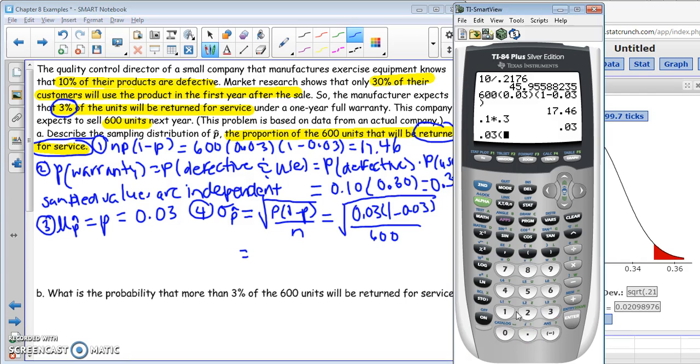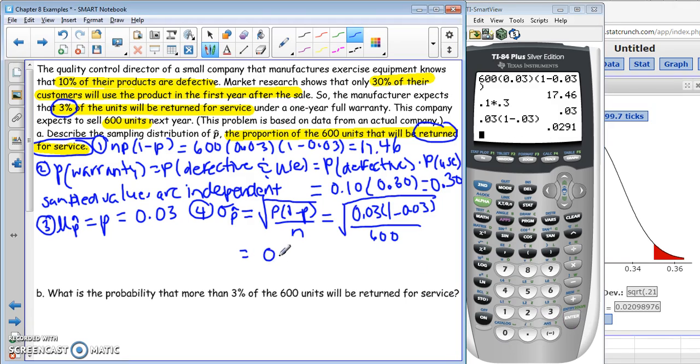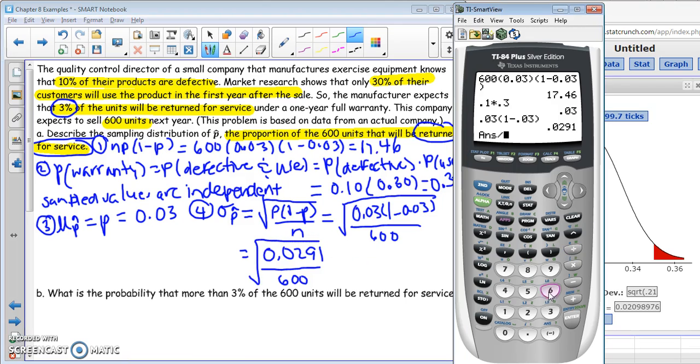This is 0.0291 divided by 600, and then we take the square root of that.